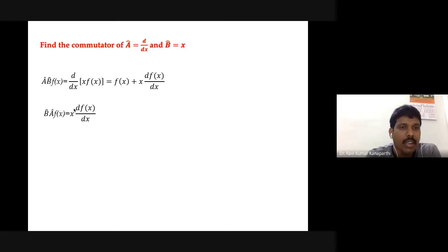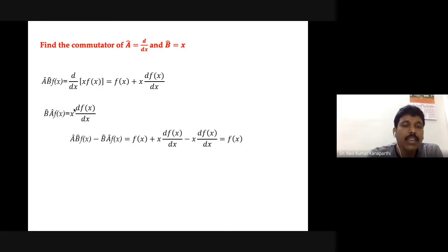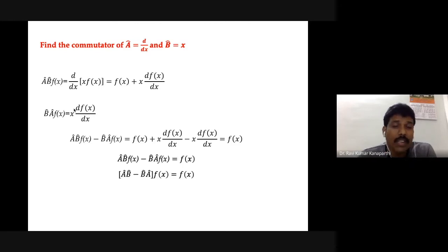So let us evaluate the subtraction. Let us subtract BA f of x from AB f of x, which is basically f of x. As you can see here, these two quantities cancel out because they are the same, and then what you get is f of x.